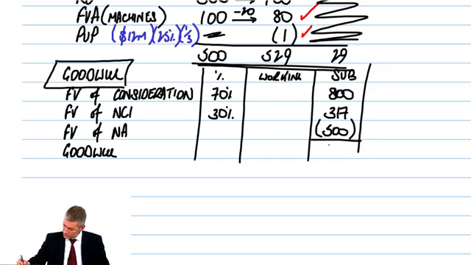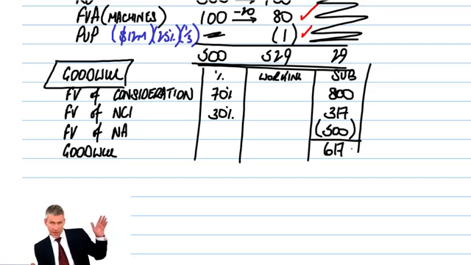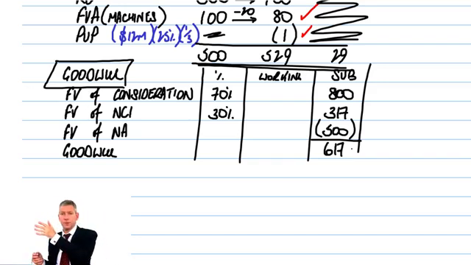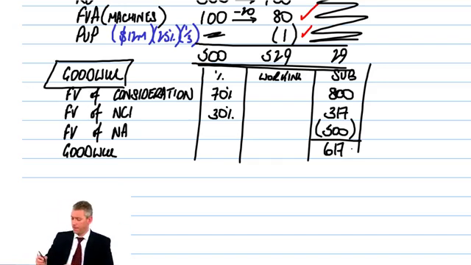Which gives us 617, and that was the goodwill at acquisition 12 months ago. And what's happened to it over the 12 months? Now, I think it's just flatlined for 12 months. Until at the year end, it suffers an impairment.